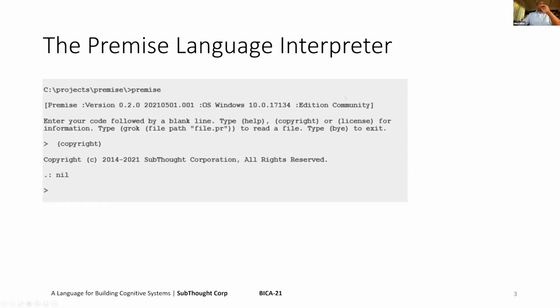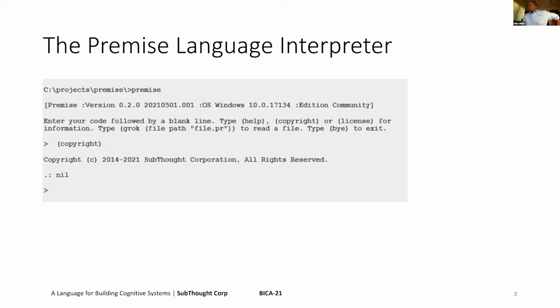So the Premise language itself is a knowledge construction language which combines high-level primitives with object persistence. The language uses functions and prototypes. The goal of the language is to provide a platform for artificial intelligence programming.